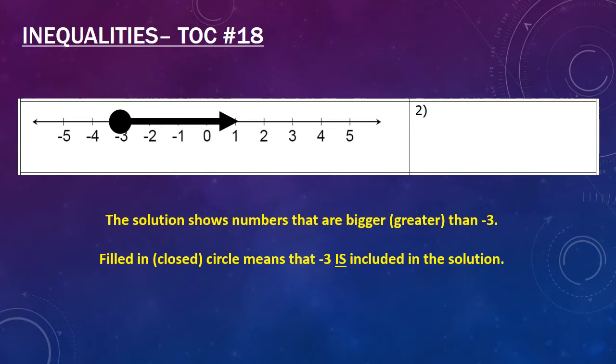So I would write this as x is greater than or equal to -3. So we put that line underneath to show that -3 could be a possible solution, and then just reverse the order. Just be careful when you reverse the order of the number and the variable that you also reverse the order of the inequality symbol.